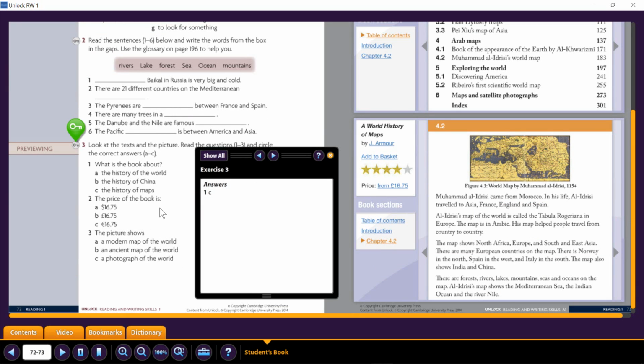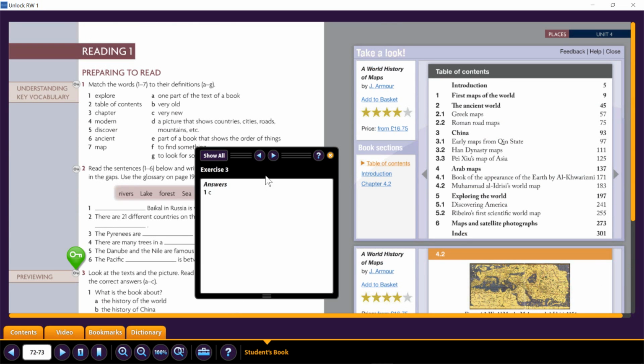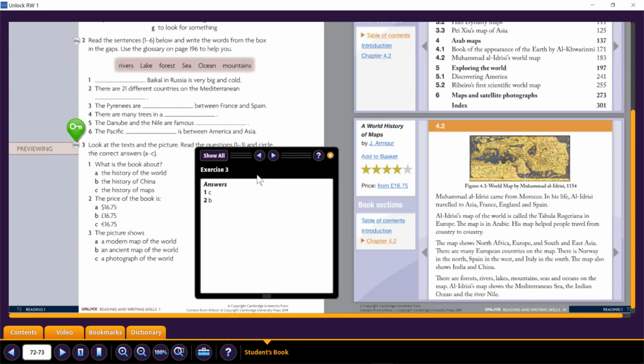Okay, question number 2, ladies. The price of the book is, what do you think? A, B, or C? A with dollar, B with pound, C with euro. What do you think? Okay, it is B. Okay, number 3.